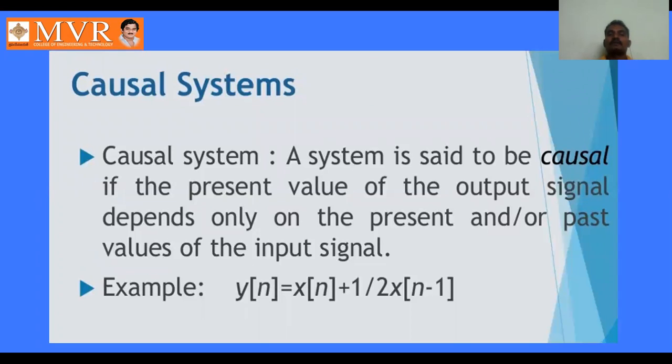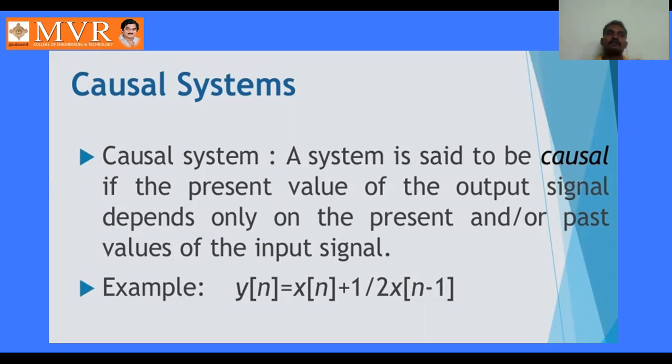What is meant by causal system? A system is said to be causal if the present value of the output signal depends only on the present and or past values of the input signals. For example, y of n is the output signal.